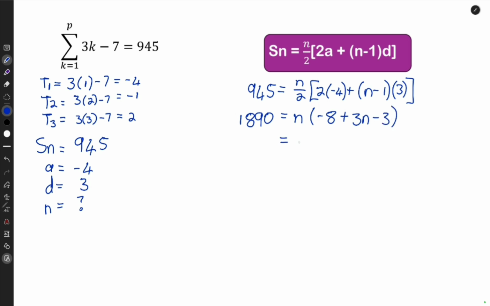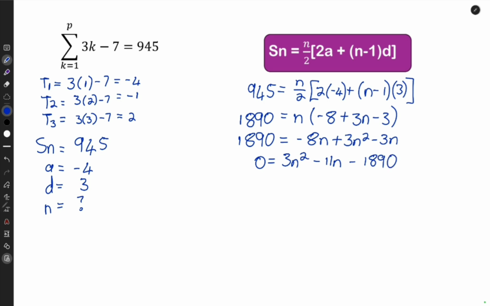Okay, if I multiply into the bracket, minus 8n plus 3n squared minus 3n, 1890, and now I want a trinomial equal to 0. So 3n squared minus 11n, and then minus 1890. There I have a trinomial in standard form.